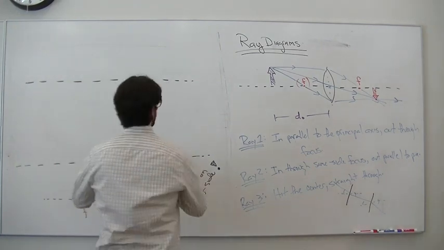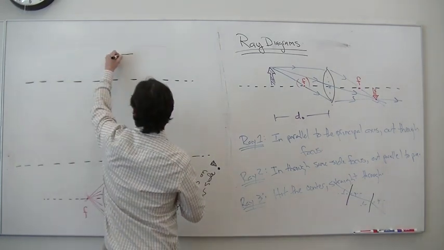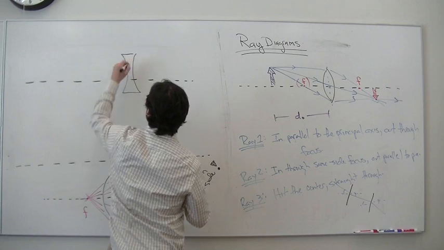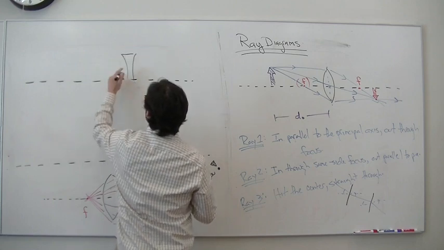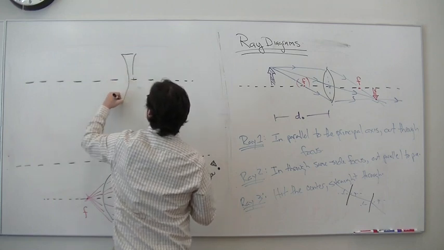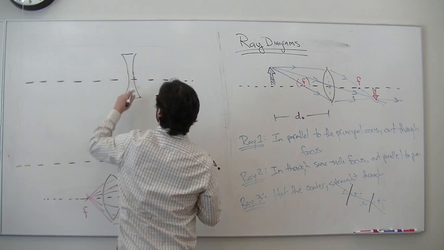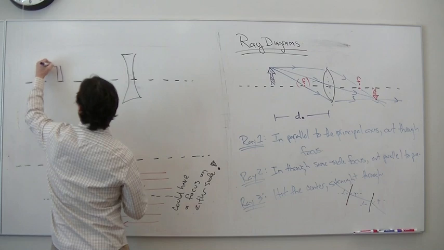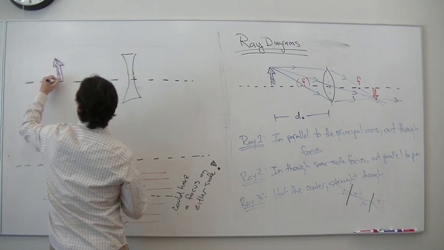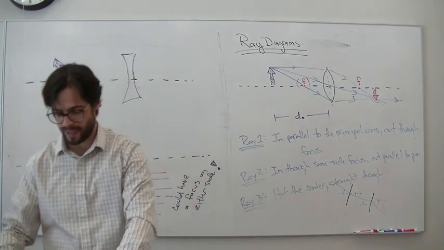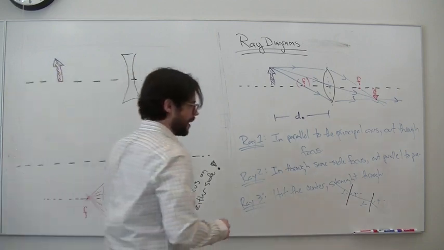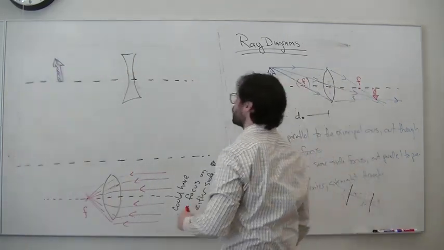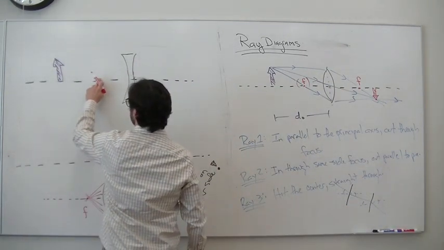So I've got a diverging lens now. And I've got an object. Put the object here. Okay, I've got light coming in from the left-hand side. Where is my actual focus? Well, my actual focus is here.